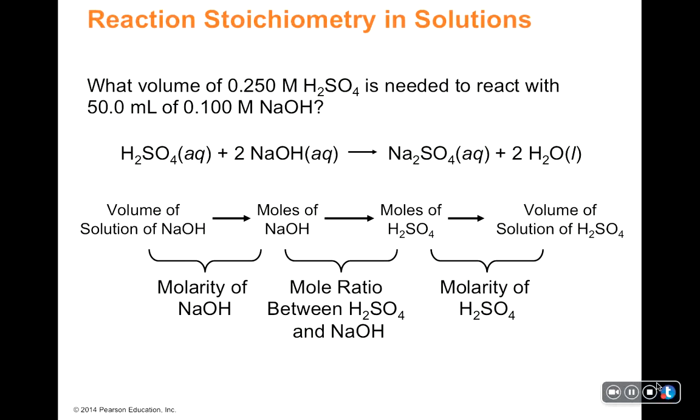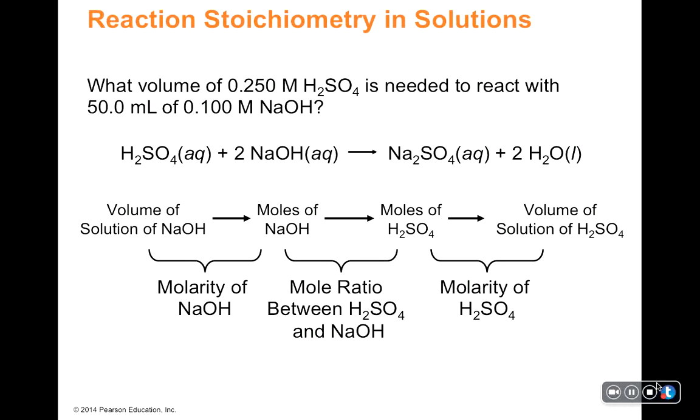And so below that is the outline of steps we'll take. We're given a volume of solution of sodium hydroxide, that 0.10 molar. So we're given the volume of it and the concentration. We can use that to figure out how many moles we have of sodium hydroxide.